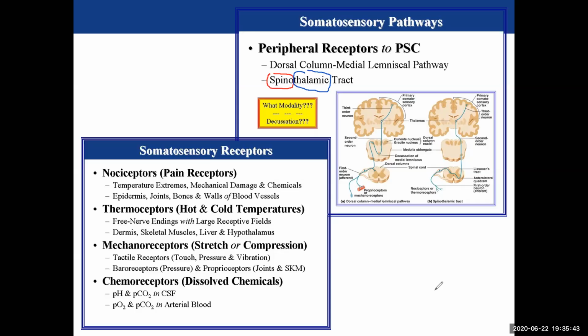And the word tract, it's an aggregation, bundles of axons that are physically located in the central nervous system. Either these axons run through the spinal cord or the brain, we call it a tract.